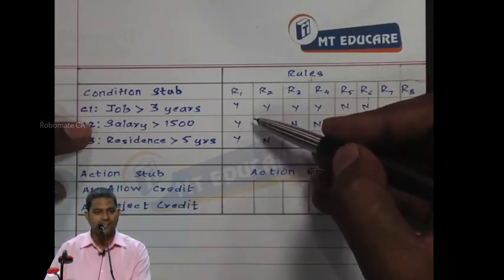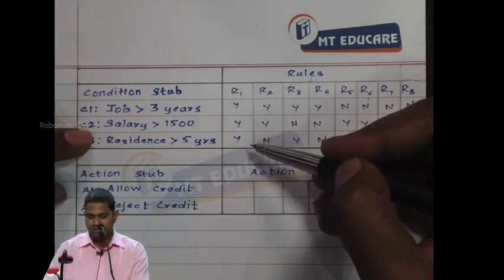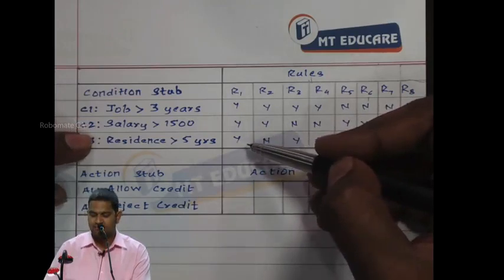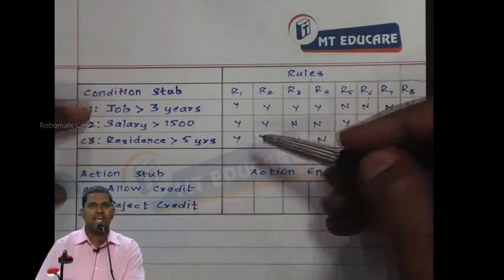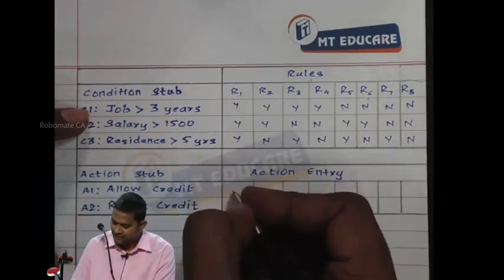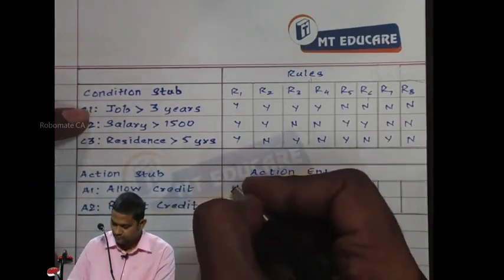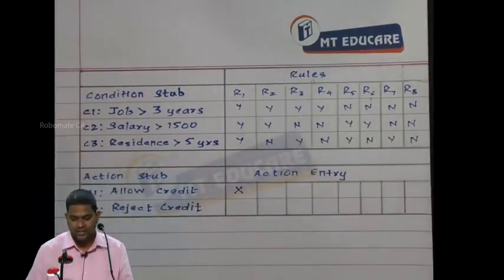If these two are yes, obviously he will be allowed credit facility. So you need not check this, and even if you check, it will come to yes only. Is the residence greater than 5 years? Yes. So he has to get credit. So the action is allow credit.